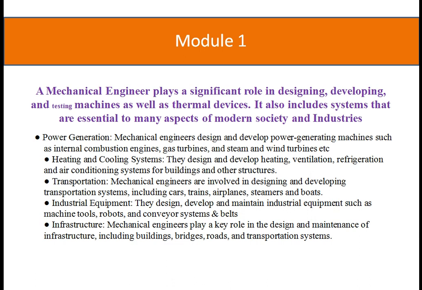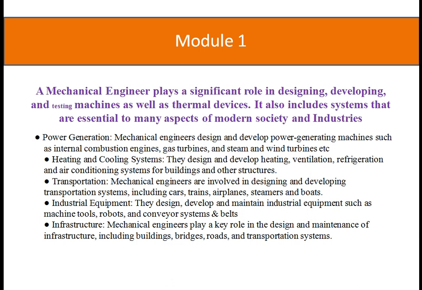In each case, for example in power generation, the mechanical engineer has to design and develop power generating machines such as IC engines, gas turbines, steam turbines, wind turbines, power generation plants.